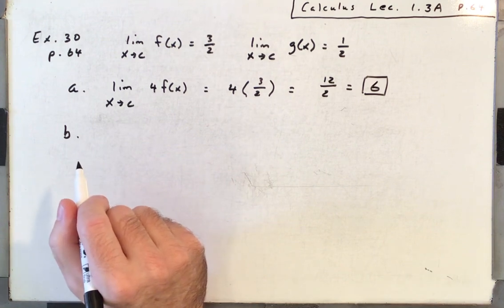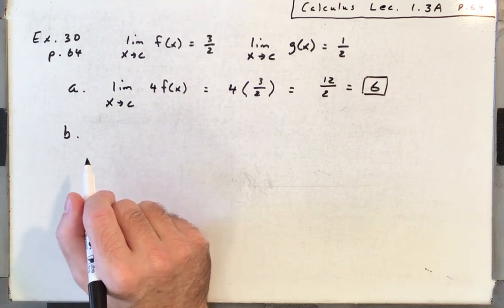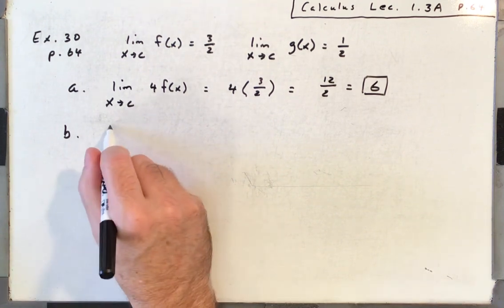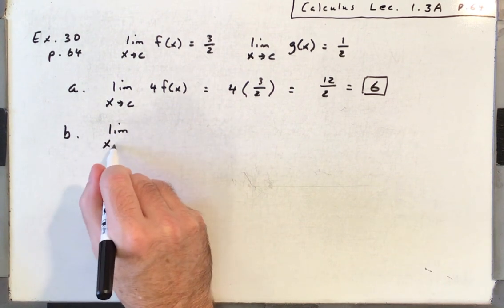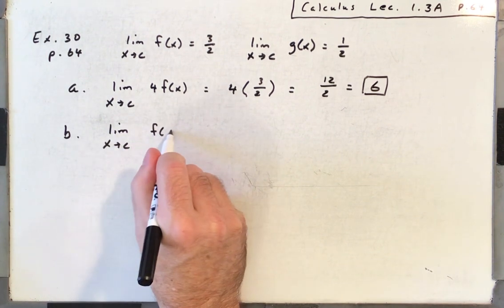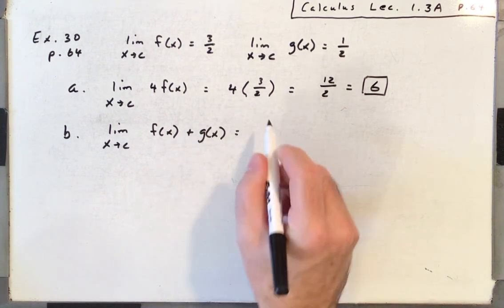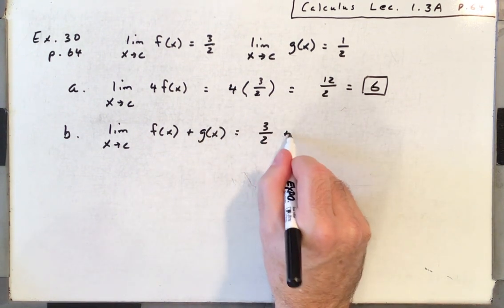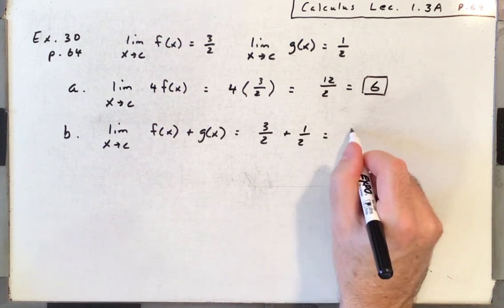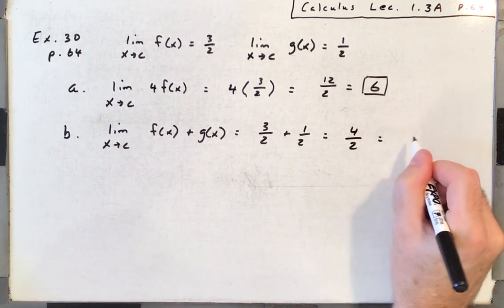All right, and then part B, we want to do the limit as x approaches c of f of x plus g of x. That's going to be 3 halves plus 1 half, 4 halves, which is 2.